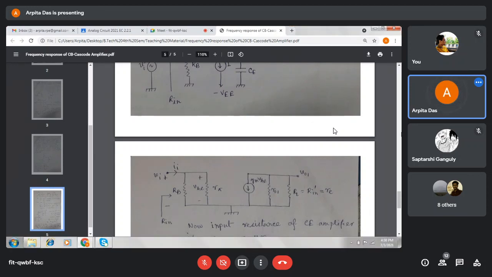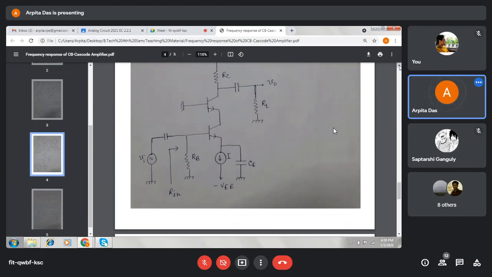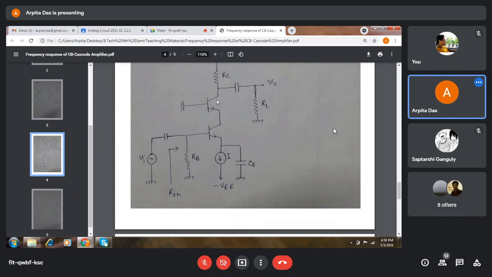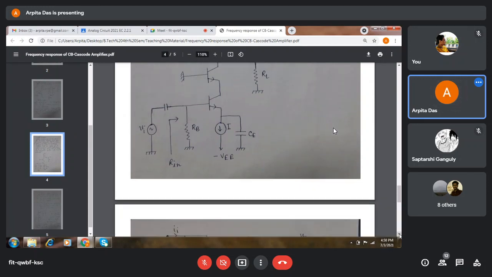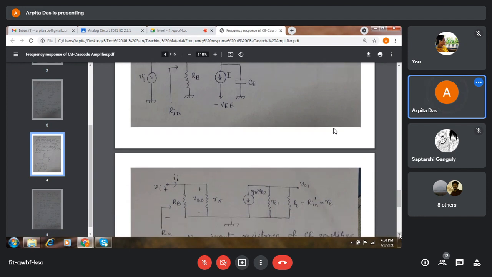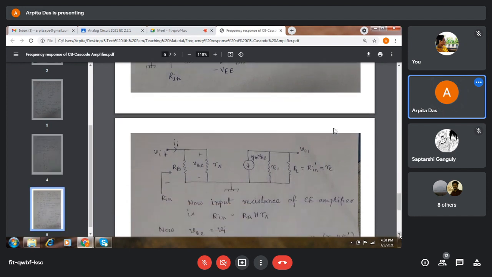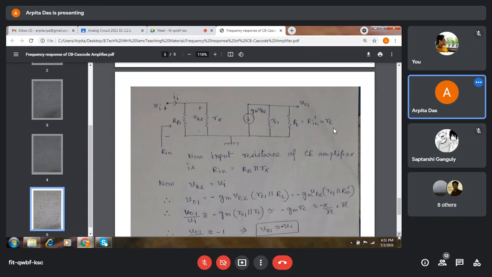Now, if both transistors are identical, meaning the upper one and the lower one are exactly identical, then the value of beta will be the same for both transistors, and the value of r pi will be the same for both transistors. Okay, fine.